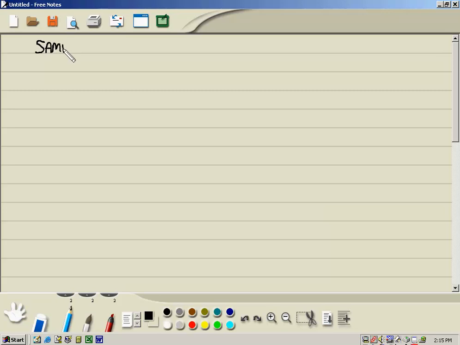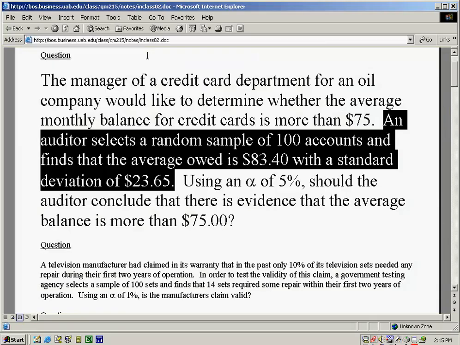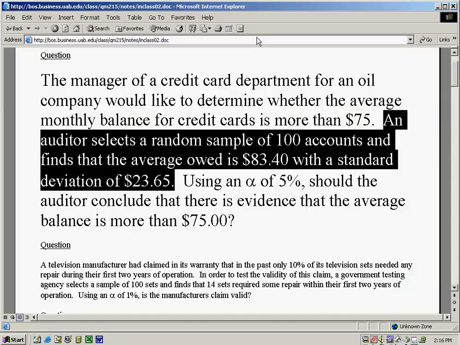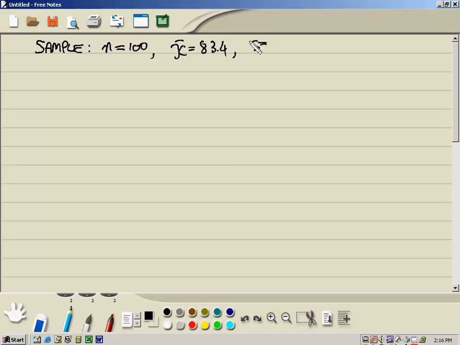Sample n is equal to 100. The average of 83.40, so x bar is 83.4, and standard deviation 23.65.